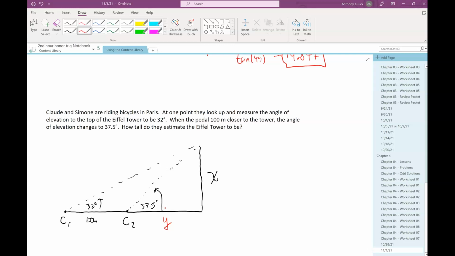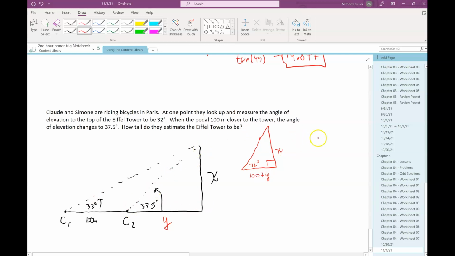You guys agree? So what I'm going to do is create a system of two equations. I'm going to think about two triangles. So in the triangle with 32 degrees here, this bottom side is going to be 100 plus y.